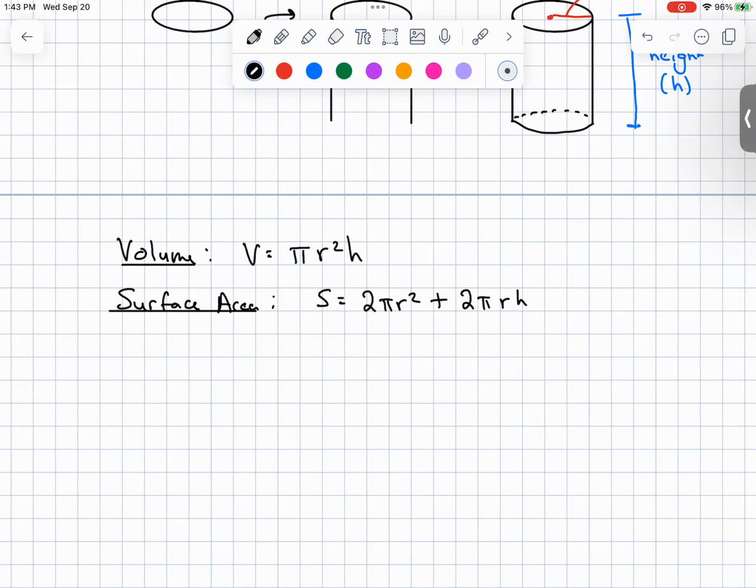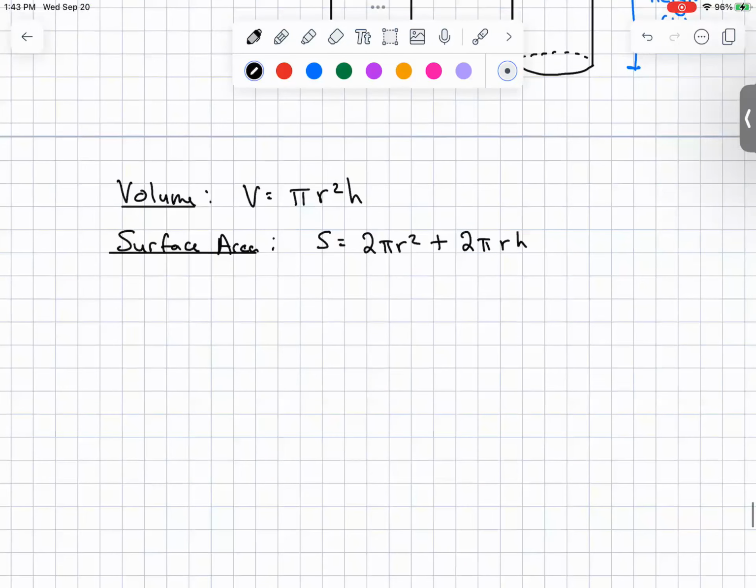That's the formula, and please don't bother memorizing it. It's not that necessary. You can definitely use this like a little cheat sheet of the different area formulas. But let's look at a picture of one to figure out why.